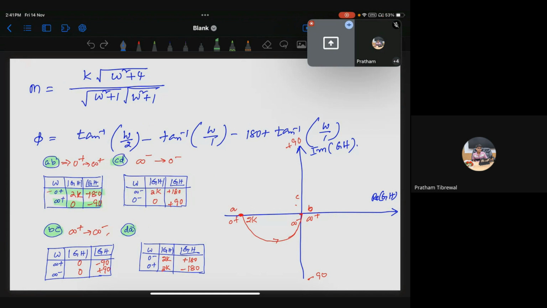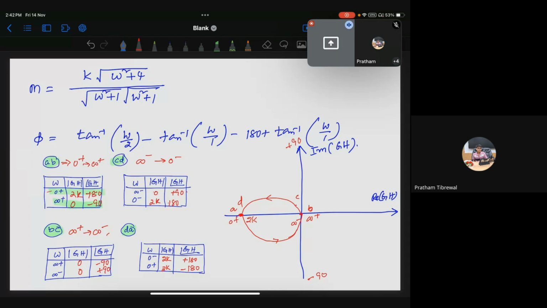I'm sorry, I did it in the reverse way. 0 minus is 2k and this one is 180. So this is 0 plus 90. So 0 minus is here, infinity minus is here only. Then the next one is 2k here. So that is what? BC, sorry, CD. This is CD. Okay.